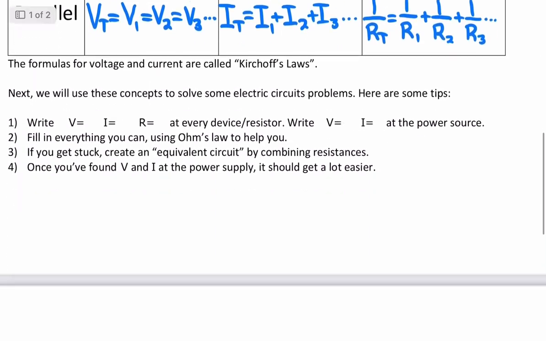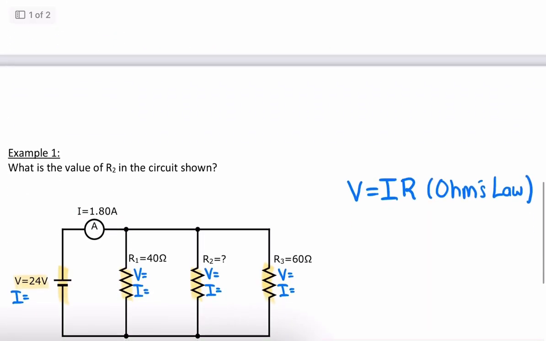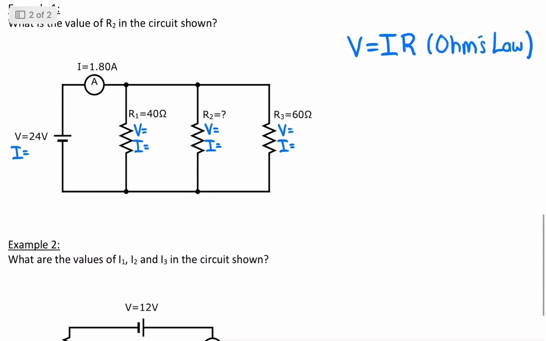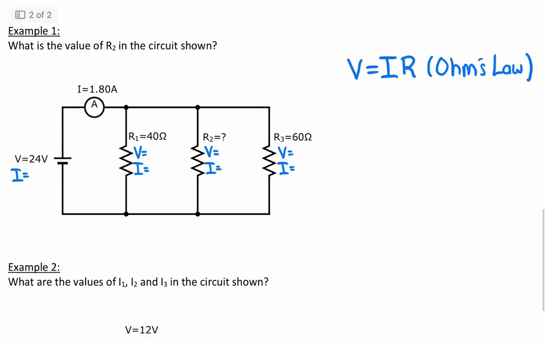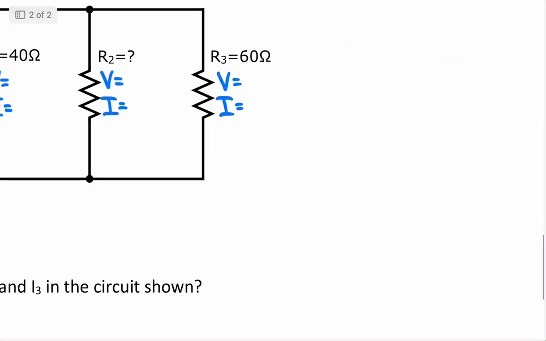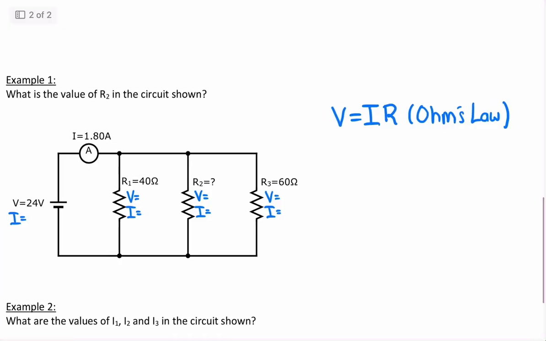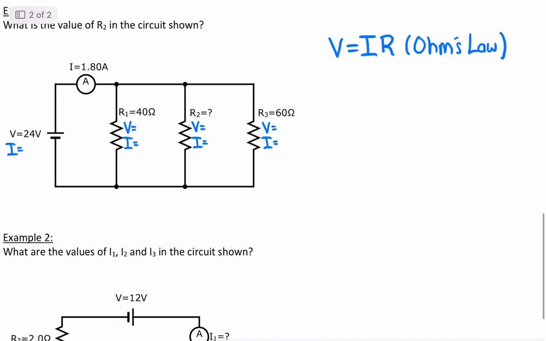That means, down here, all of those voltages are going to be the same. So if the first one's 24 volts at this power supply, then I'm going to have 24 volts at the first resistor, 24 at the second, and 24 at the third.